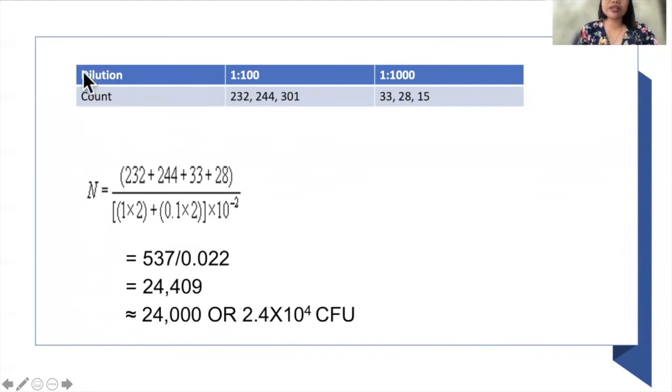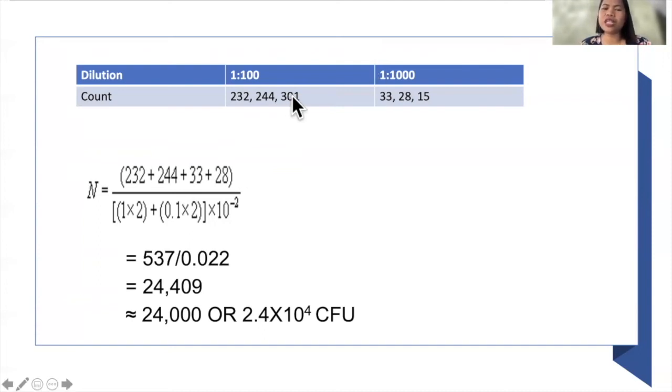we have here the given, no? Ito yung dilution. So this is your 10 raised to the negative 2 and this is your 10 raised to the negative 3. Okay, so these are the counts. By just looking at this, you know that we can count this 232, 244, and we will exclude the 301 because it's over 250, no?